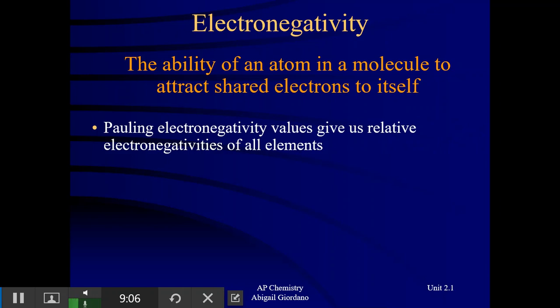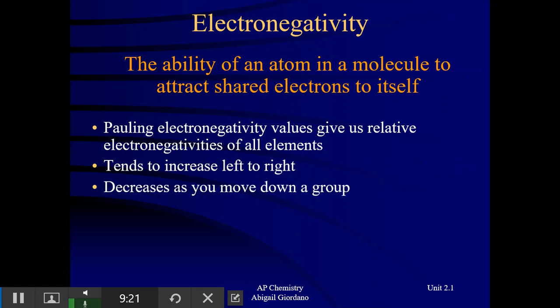They're called Pauling values. You do not need to memorize them. Okay, what I do want you to remember, however, is the trend in electronegativity on the periodic table. If you all will recall, which corner has the most electronegative elements, that is the upper right corner.